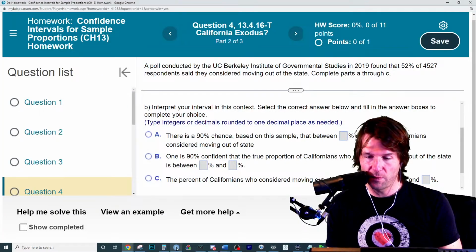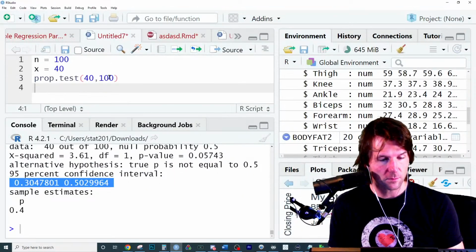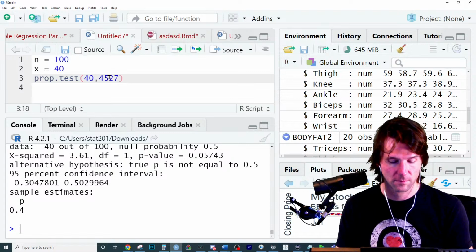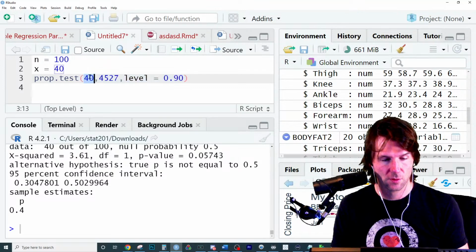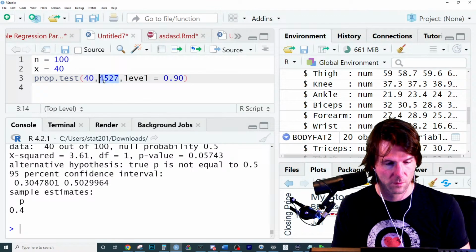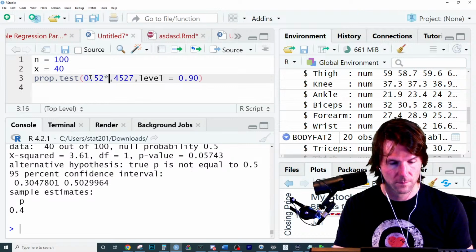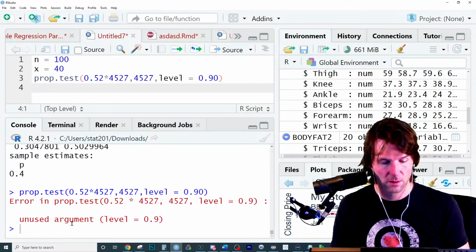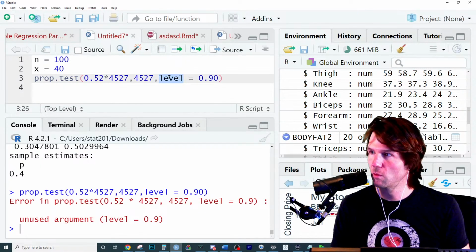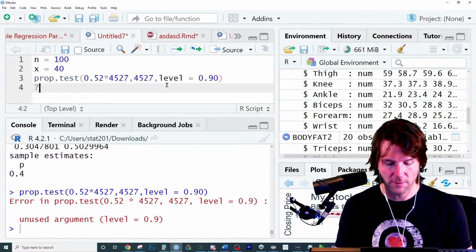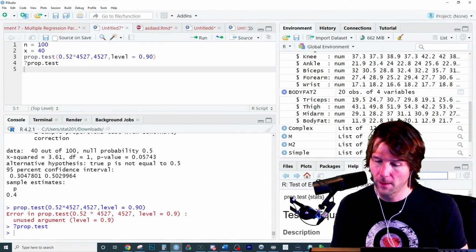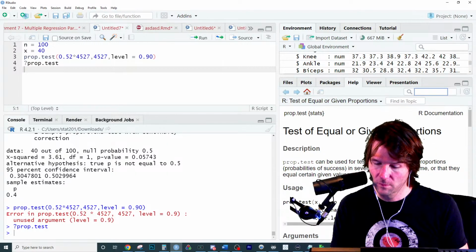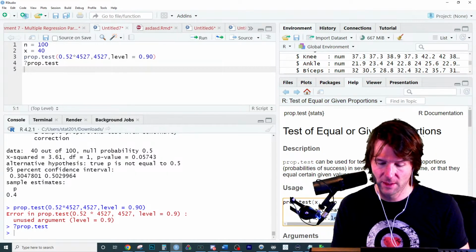What was the 4527? Is it level? Unused argument. No, it's confidence. Prop. I forgot what the thing is called for this. Conf level. Did they change that?